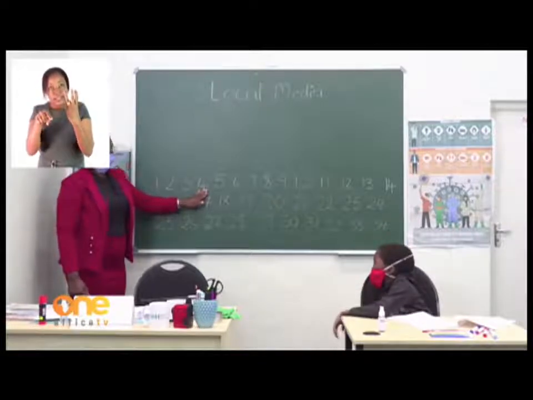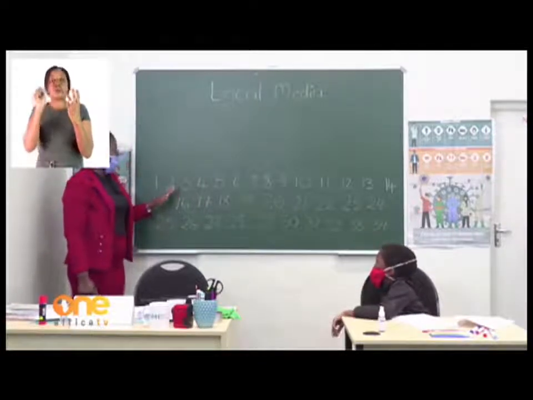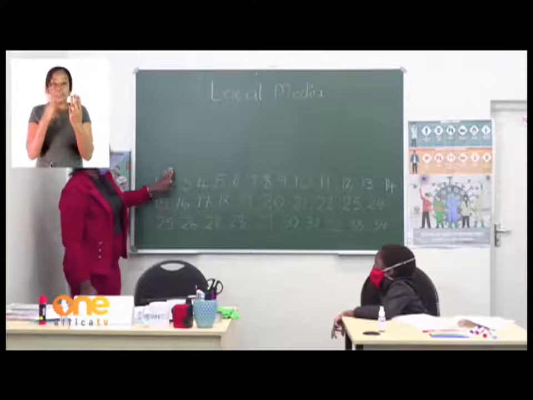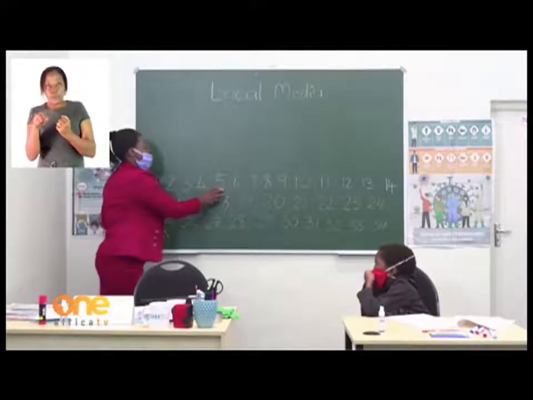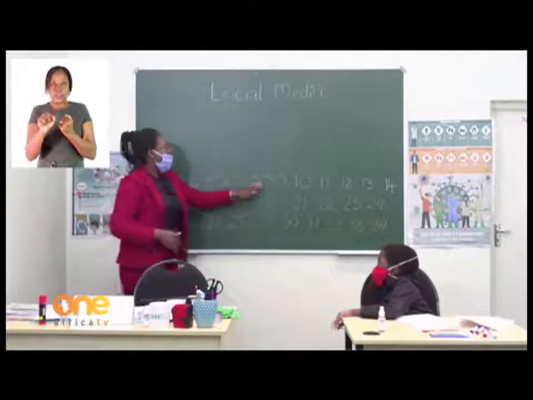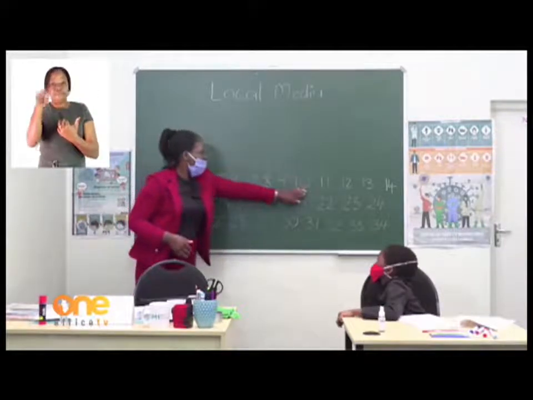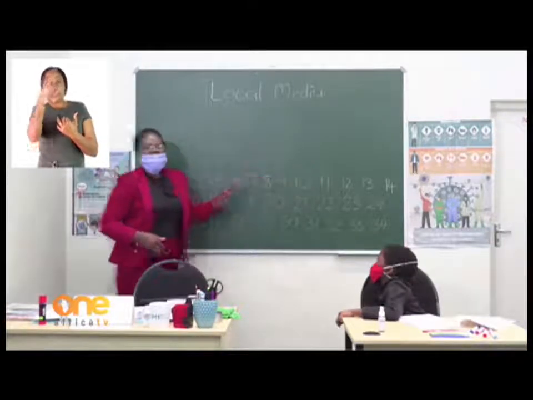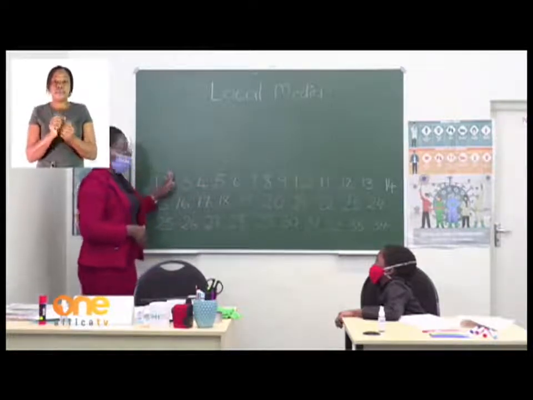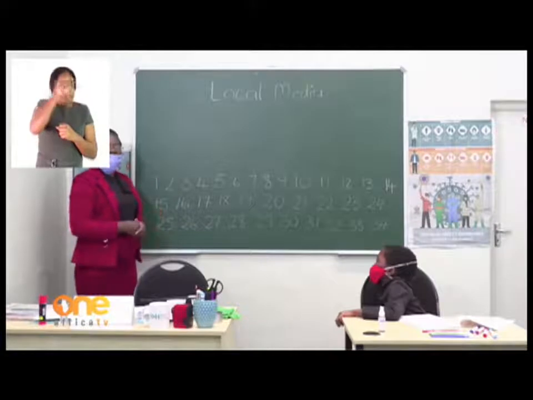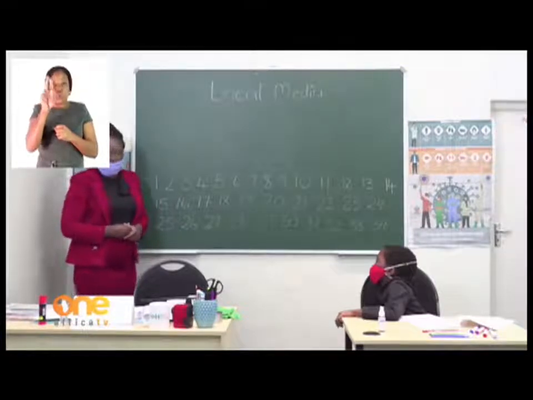I count the next one. Therefore, if I'm counting in 2, it will mean I will only be counting 2, skip, 4, skip, 6, skip, 8, skip, 10, and I go on. So whenever you're counting in 2, you have to skip the other number before you go to the next one. The next one is the one that you'll be counting. That is counting in 2.